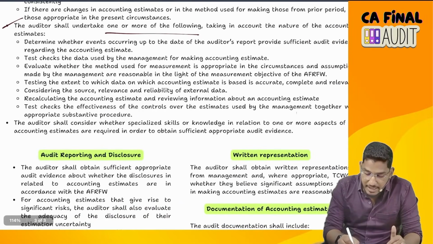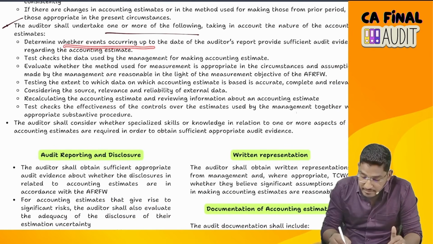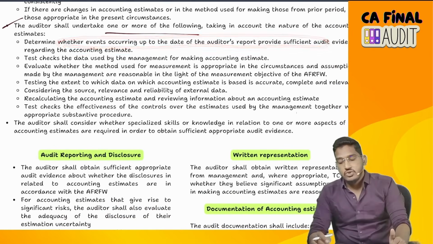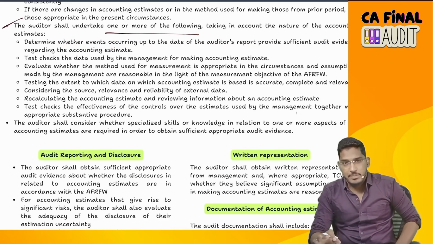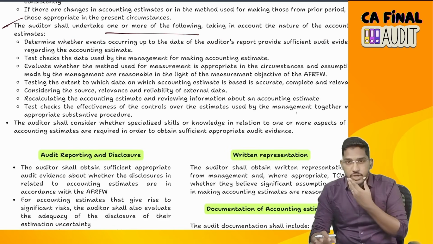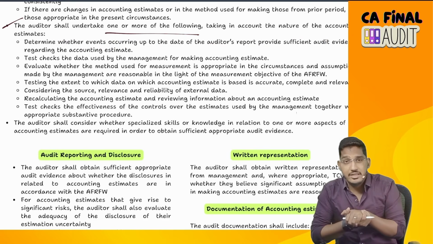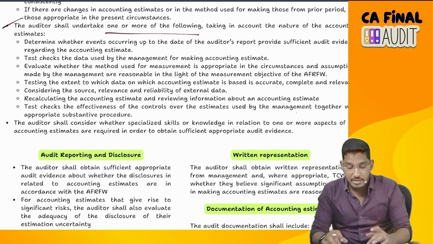Number one, he should determine whether events occurring up to the date of the auditor's report provide sufficient evidence. Management might have created a provision as on the balance sheet date. After the balance sheet date, you are doing the audit, so during the process of your audit some advancement might have taken place regarding that accounting estimate. So try to obtain that information.